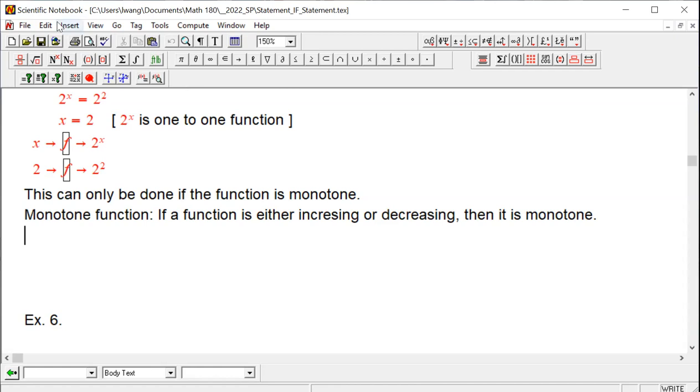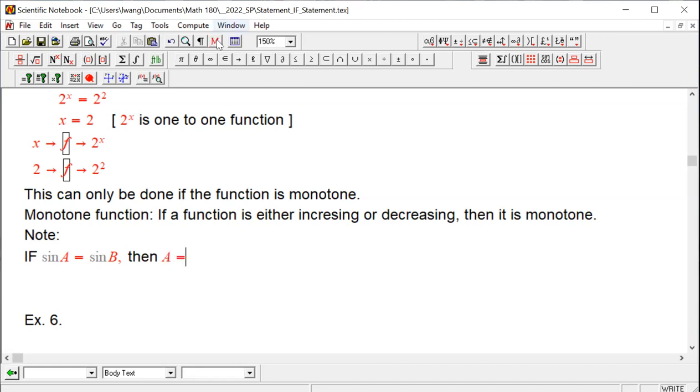For example, note, sine of x equals sine of y. Okay, so let me use a capital A and capital B. If sine of A is equal to sine of B, okay, I'm making an if statement.